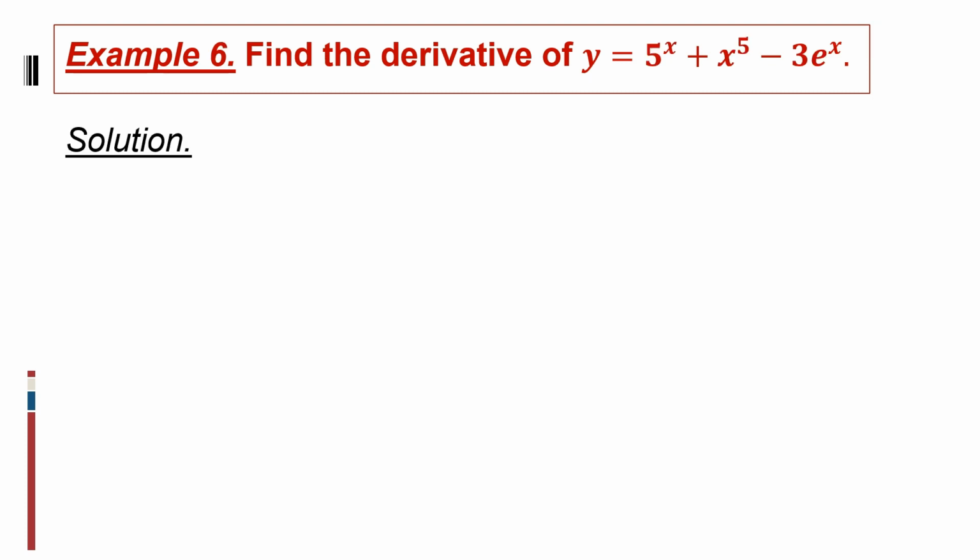Example number 6. Find the derivative of y equals 5 raised to x plus x raised to 5 minus 3 e raised to x. So, y prime now equals the derivative of y. Since meron tayong plus dito at minus dito, pwede natin gamitin yung sum and difference rule.